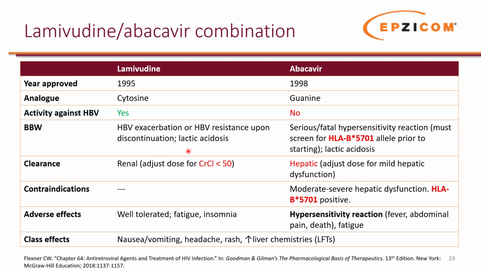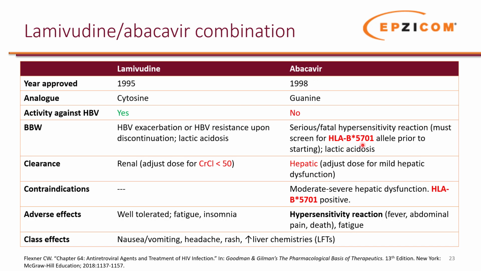One thing that's specific with abacavir: before anybody can be started on abacavir, we should do a genomic polymorphism test of HLA-B5701, and you should only start abacavir if someone tests negative for HLA-B5701.